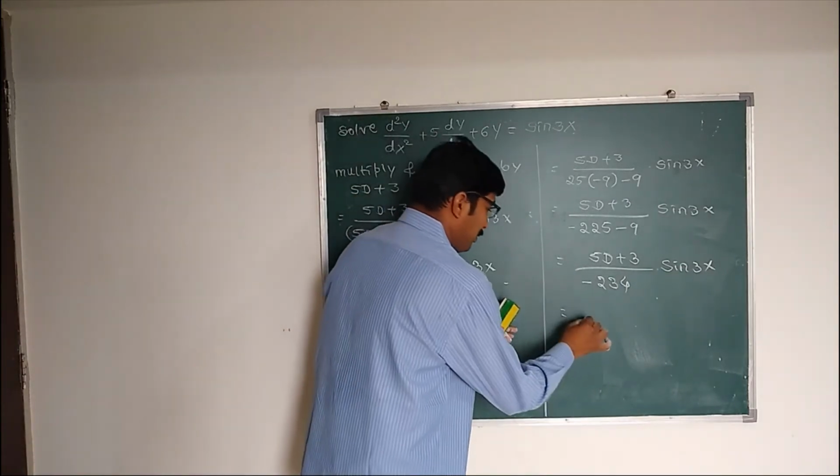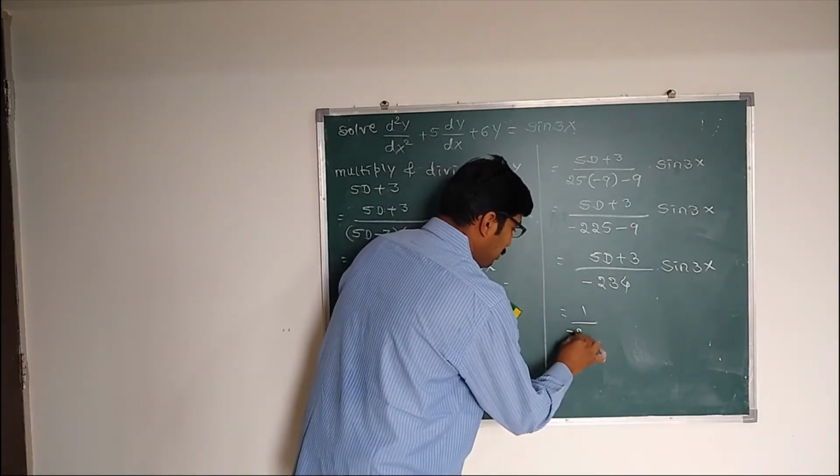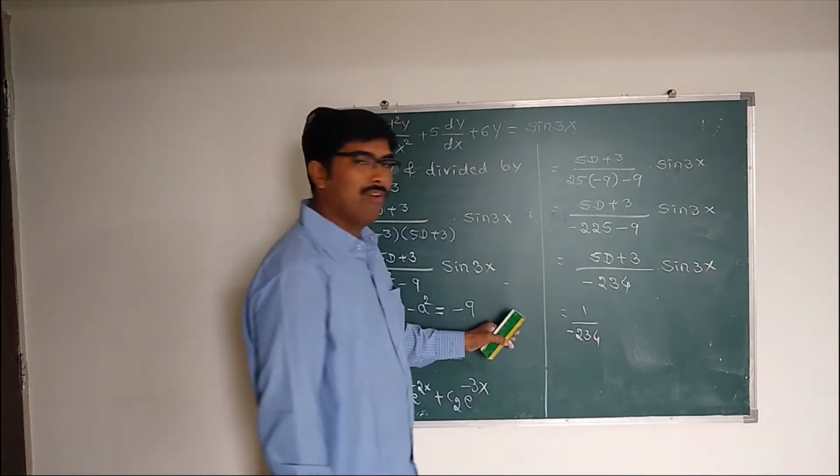Now I will write minus 1 divided by 234 as it is.